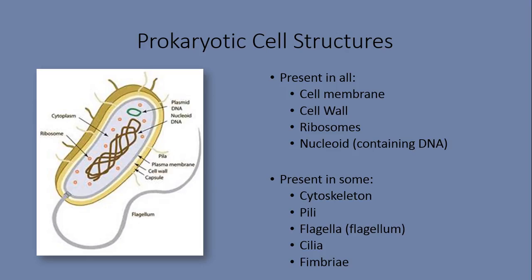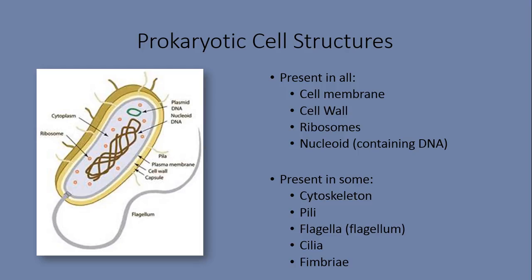Some bacteria that contain pili, flagella, or fimbriae use these things mostly for locomotion. Pili can be used for several different things, but are mostly used for exchange of genetic material, whereas fimbriae are used to attach to a host cell.